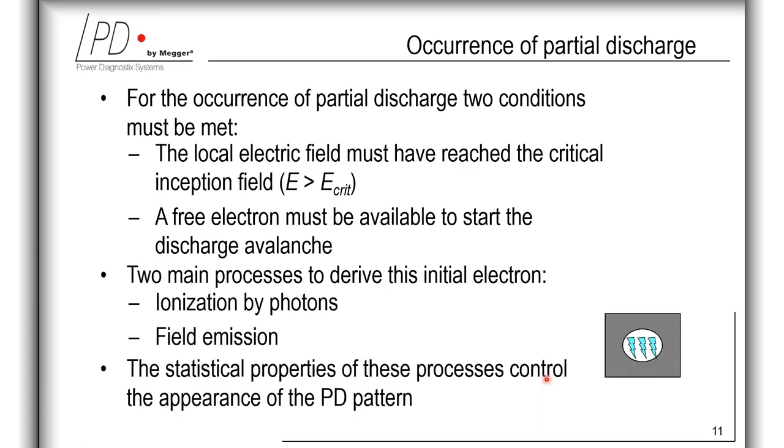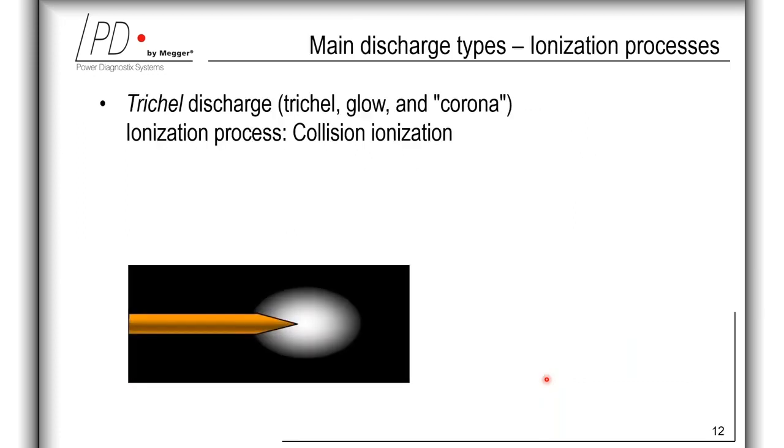The statistical properties of these processes control the appearance of the partial discharge pattern, which is very important concerning the identification and interpretation of the PD activities. The initial discharge mechanism, having only the collision ionization and no space charges involved, is called Townsend Discharge.